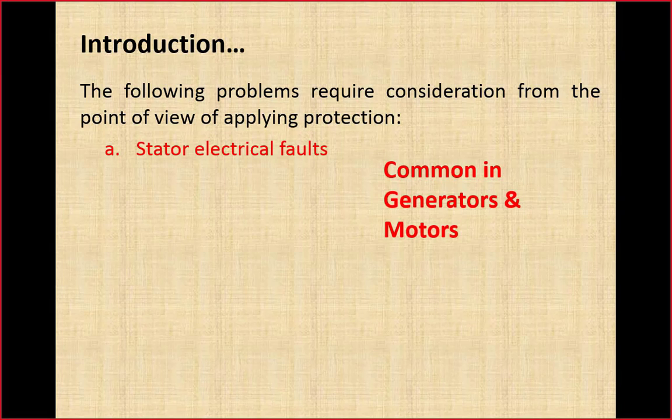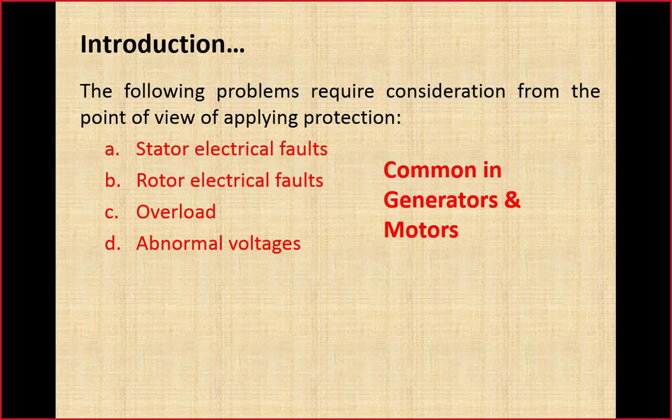Electrical faults mean a short circuit fault in the stator. Rotor electrical faults mean short circuit in rotor. Overload condition, that is also common in generator and motor. Abnormal voltages, this problem is also common for motor and generator.